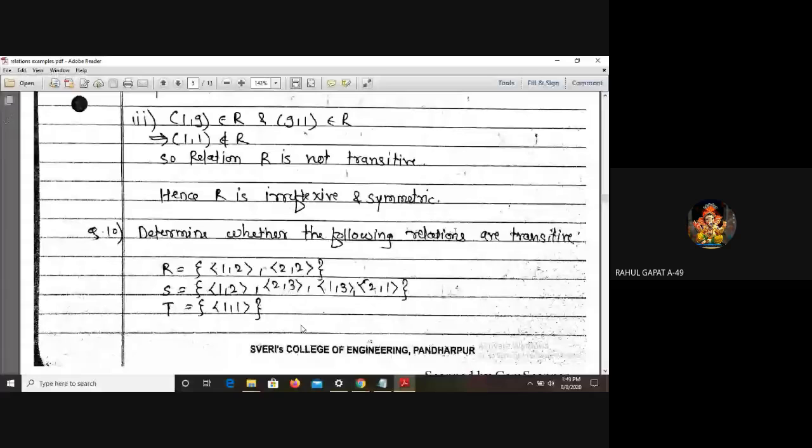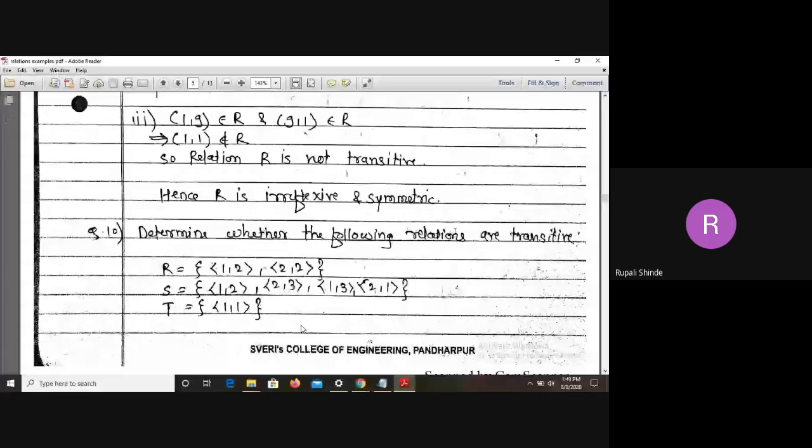So we have considered the ordered pairs 2, 1 and 1, 2. The 1 gets cancelled, and you get 2, 2. And the ordered pair 2, 2 is not included in relation S. That's why it is not transitive.